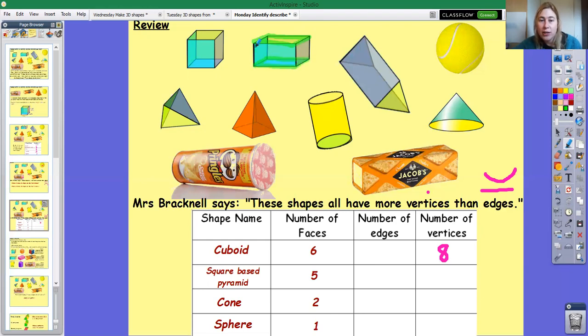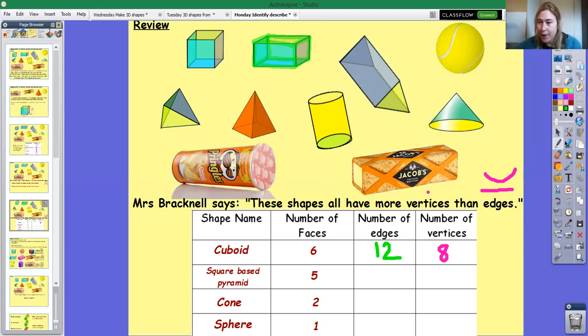Now I've got the ones just joining at the sides. So I was on 8, 9, 10, 11, 12. I want to make sure that I don't count any edges twice. So there were 12 edges. Okay, now I know that the cube has actually got the same. They're the same. It's just the shape of the face that's different.